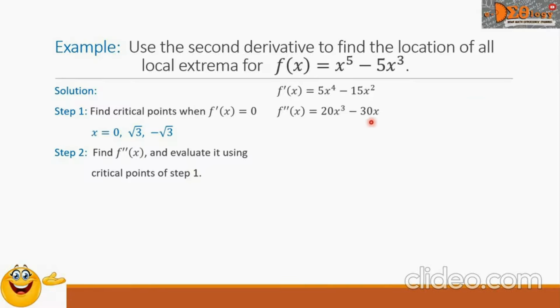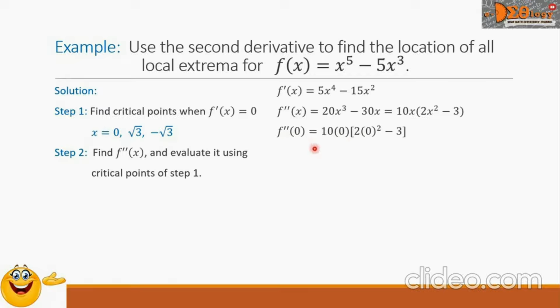We can simplify this expression into 10x times the quantity 2x squared minus 3. Now let us evaluate each of the critical points in the second derivative. Let's begin with f double prime of 0.